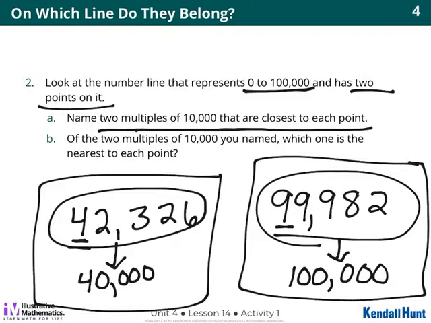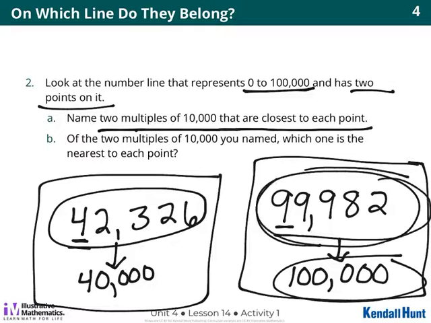Which set of numbers is closest to each other? Bella. So you could have written 100,000 or you could have written 99,982. This is very, very close to 100,000. It is what, 18 away? Yeah. Okay. This one, it's about 2,326 away.